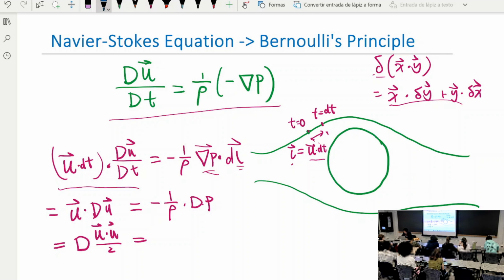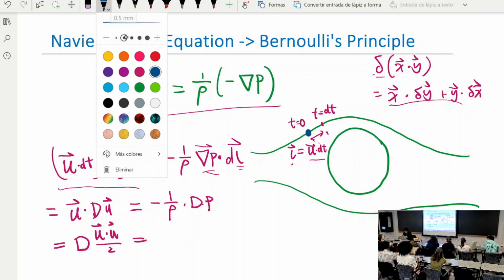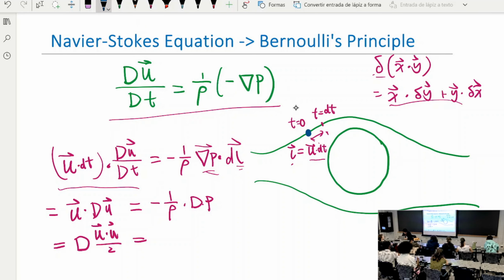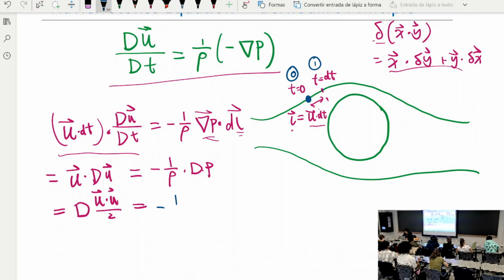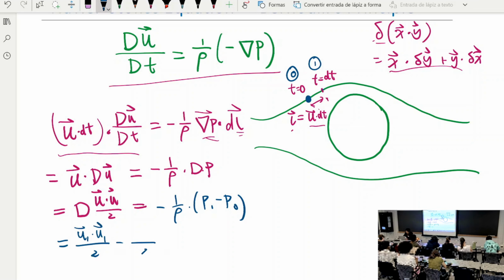If I denote the first location at t equals 0 as location 0, and the location at t equal to dt as location 1, then this is minus 1 over rho times p at 1 minus p at 0, right? Because dl points from 0 to 1. And the left hand side is half of u at 1 dot u at 1 minus half of u at 0 dot u at 0, right?